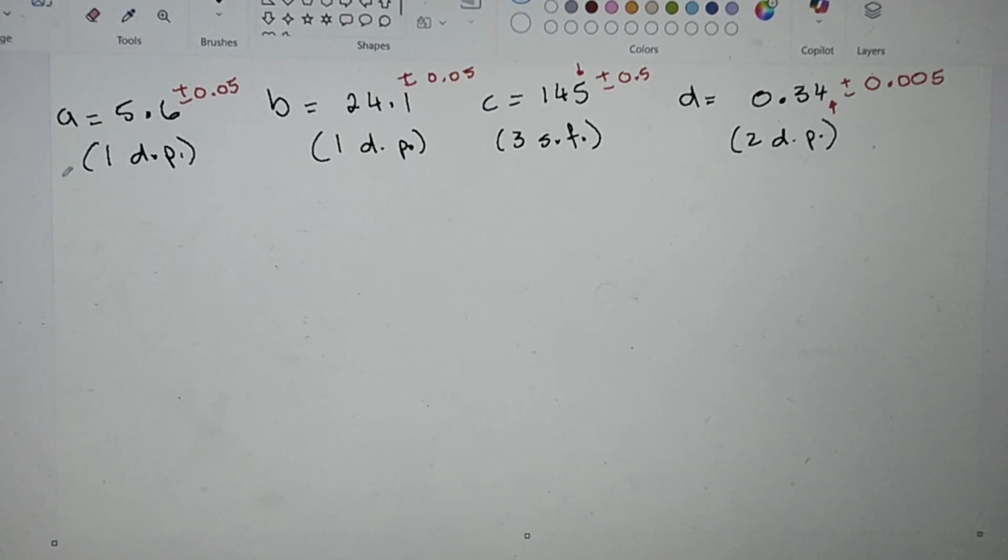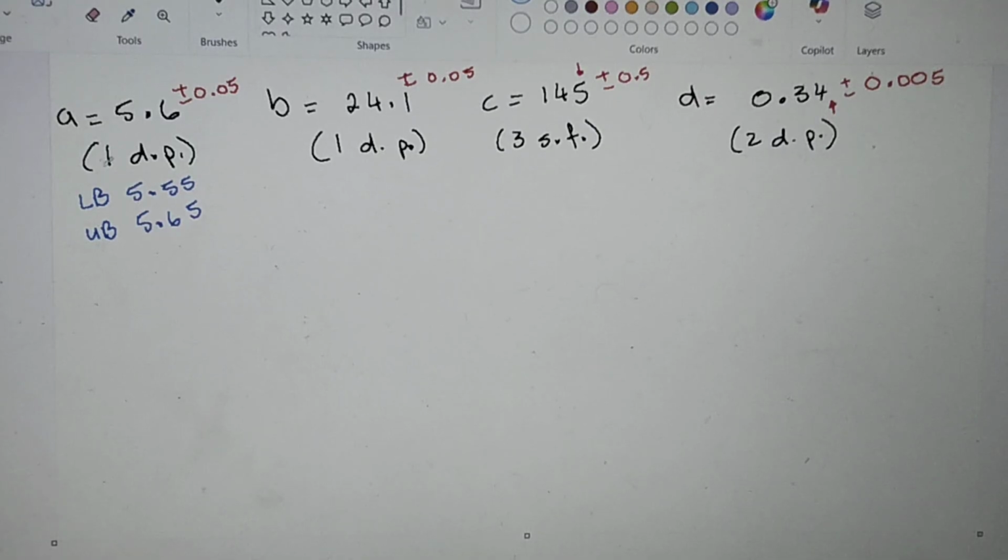What does that give me? For A, if I subtracted 0.05, I'm going to get 5.55, and adding it, I'm going to get 5.65. Can you also see between your upper and lower bound is exactly one whole unit of what you've rounded off to?